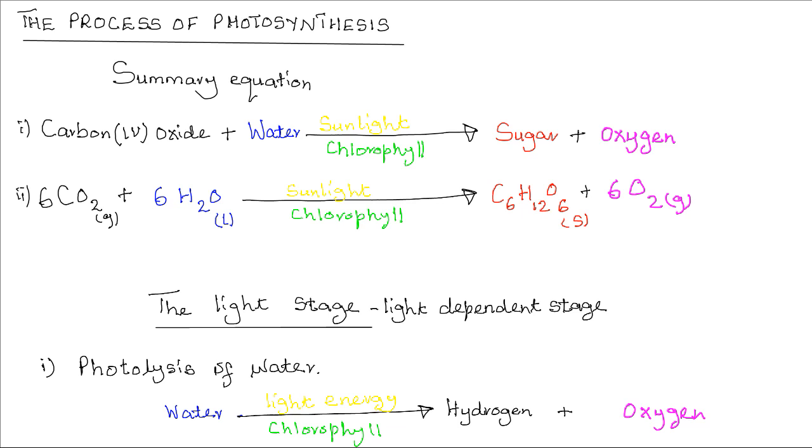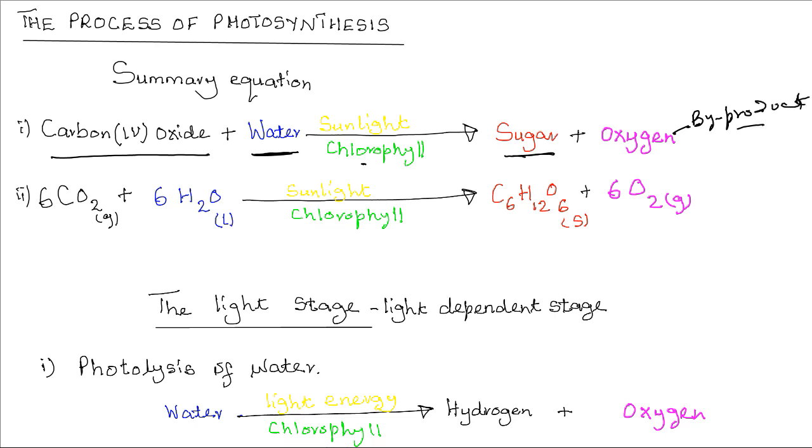Now the reactions can be summarized in the following equations. First, looking at the word equation, carbon dioxide reacts with water in the presence of sunlight energy, which is absorbed by chlorophyll, to form carbohydrates in the form of sugar, with oxygen being given off as a byproduct.